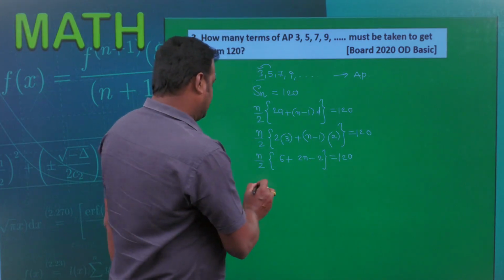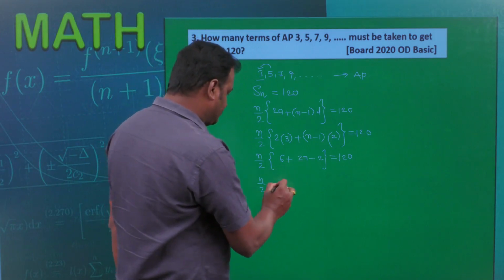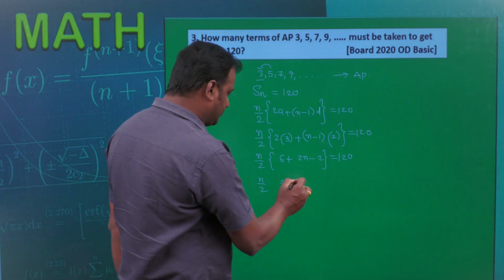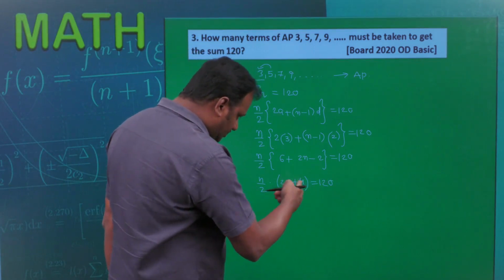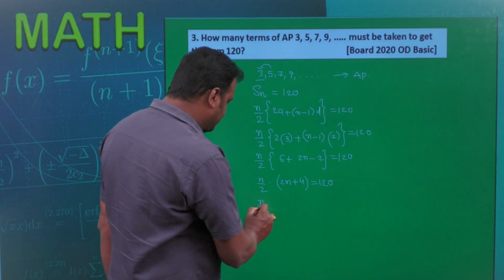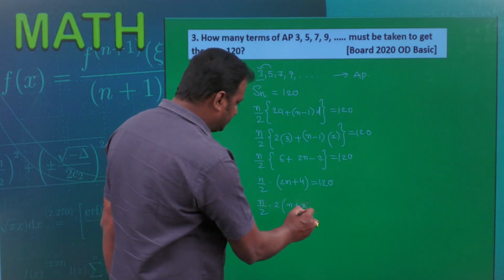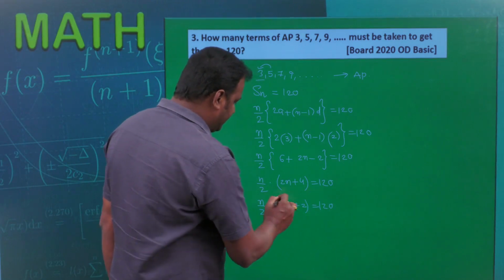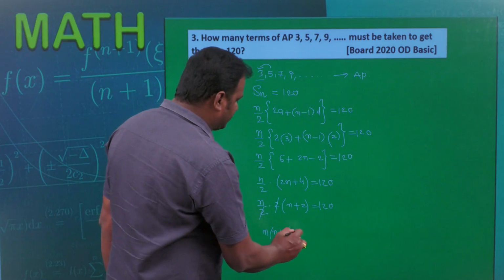Right? So n by 2 times, see here it is 2n, 6 minus 2 equal to plus 4, is equal to 120. Can we take 2 common from this? That is n by 2 into 2 into (n plus 2) is equal to 120. 2 gets cancelled. n into (n plus 2) is equal to 120.